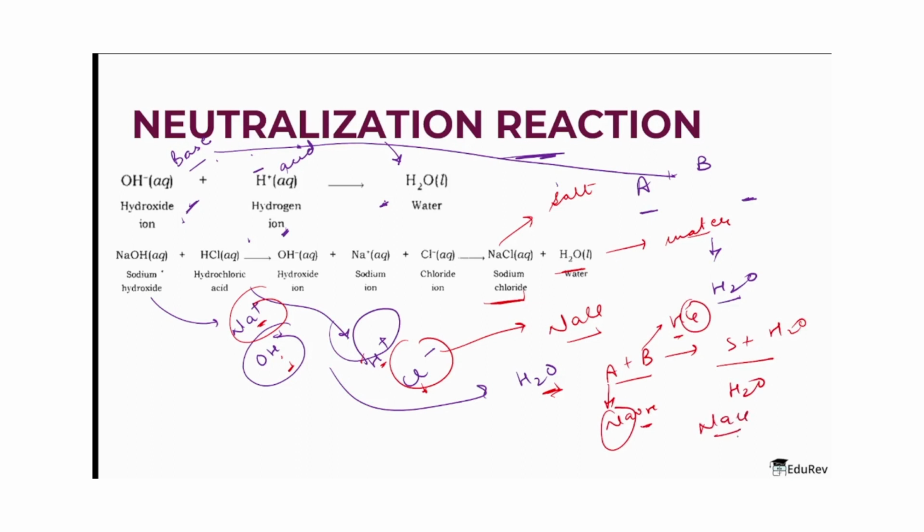So NaCl, sodium chloride salt, is formed, and this is the respective salt for your acid HCl and your base NaOH. So water is formed, and the respective salt is NaCl.